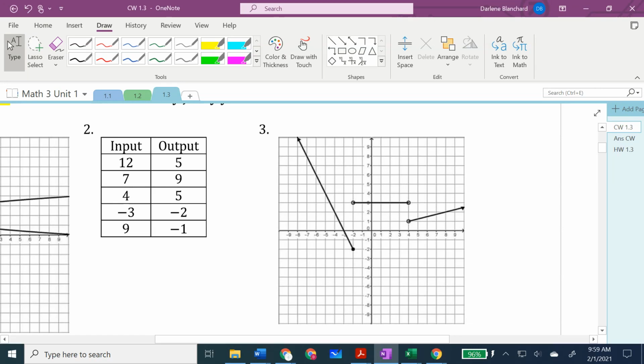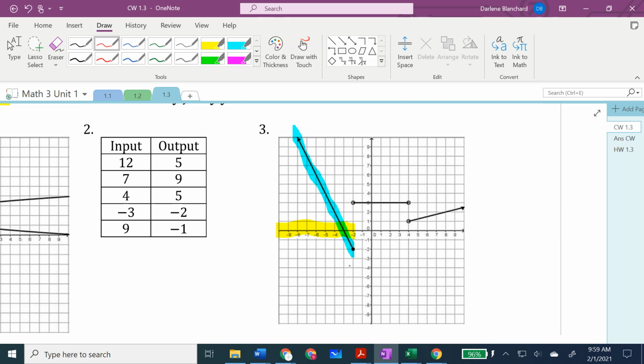So this is a piecewise defined function where within the domain from negative infinity to -2, it's following the graph that is drawn here, but then it changes to another function at -2.